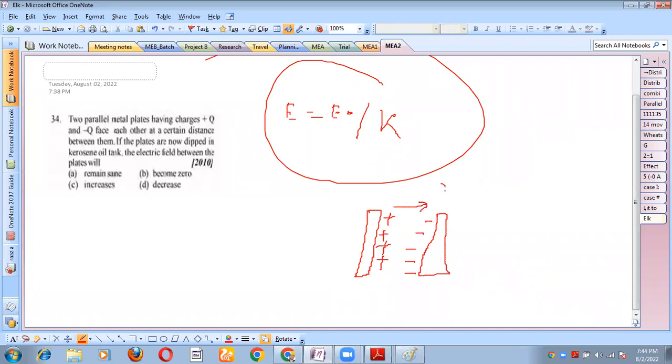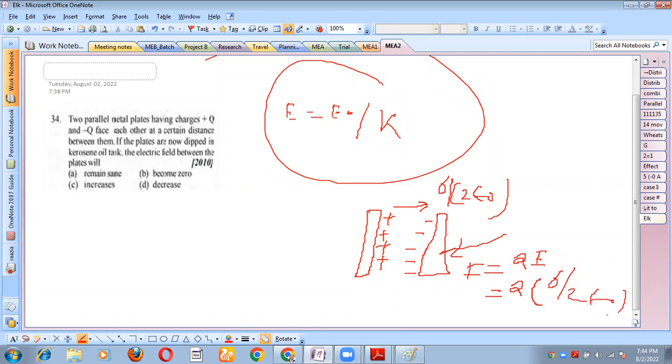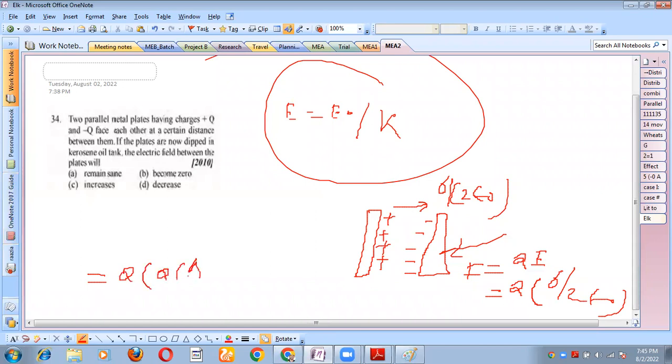We know that the electric field due to one plate is sigma by 2 epsilon naught, right? So the force on this plate will be charge into electric field, that is Q into sigma by 2 epsilon naught, and sigma is Q by A, so it is Q square by 2 epsilon naught A. You can directly remember the force between the plates.